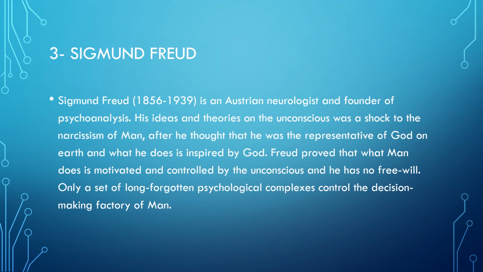Freud proved that what man does is motivated and controlled by the unconscious, and he has no free will. Only a set of long forgotten psychological complexes control the decision-making factory of man.